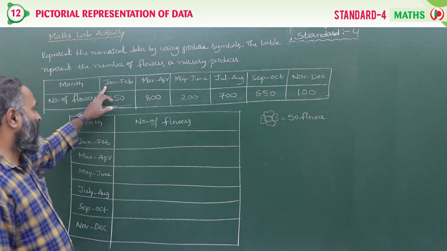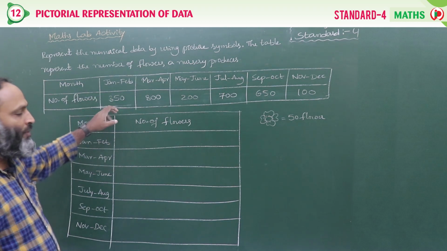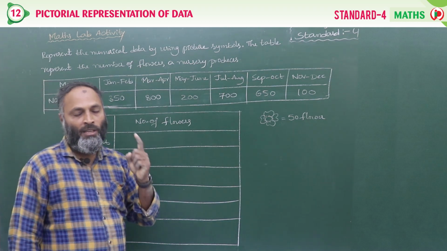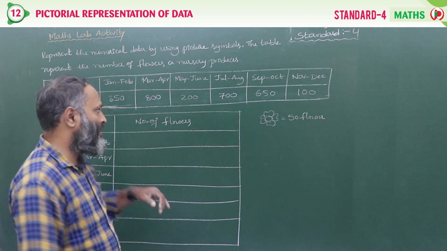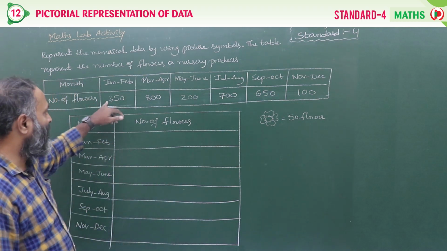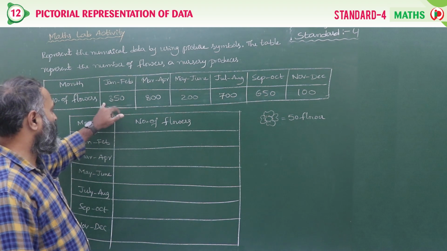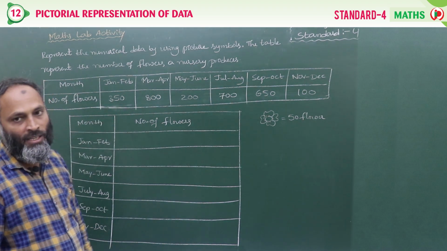Now in the month of January, 350 means in 100 we have 2 flowers, 50 plus 50, 100. Just see where 35 will come in the 5 table. 5 sevens are 35.